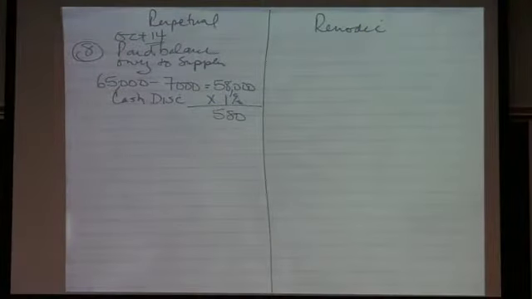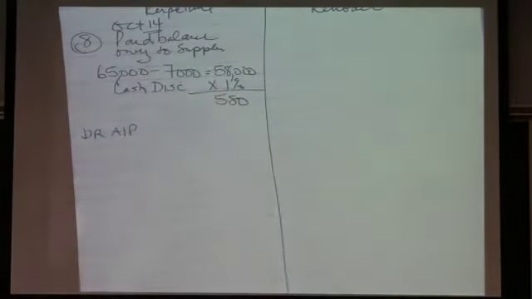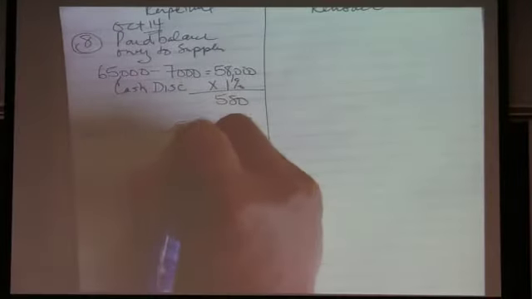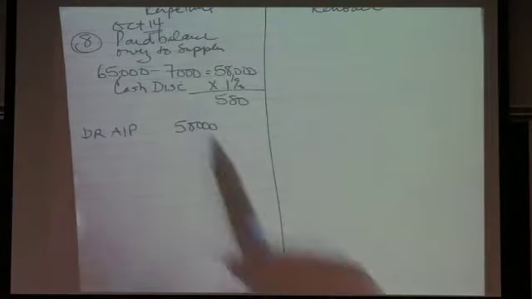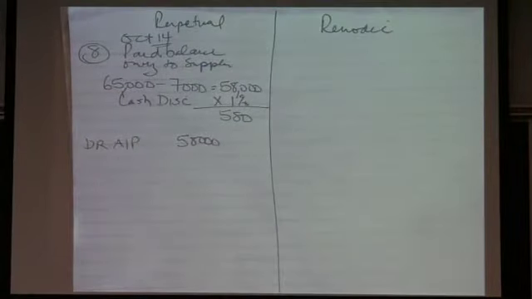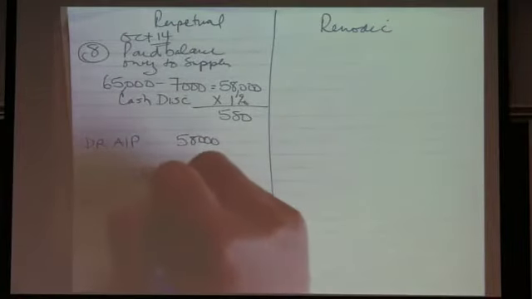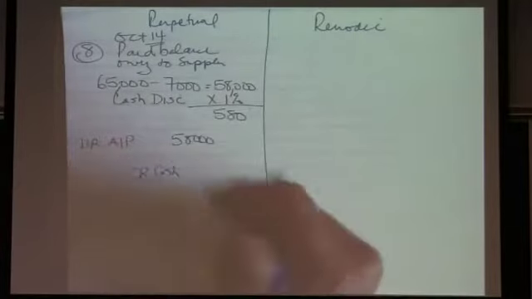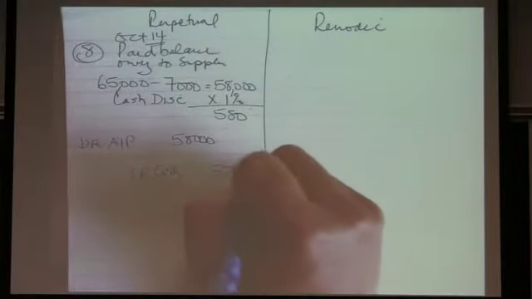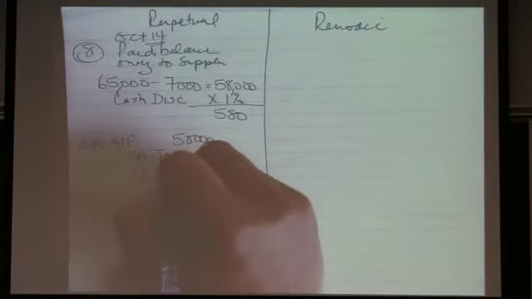So the entry is going to be debit accounts payable for the $58,000, because that's how much we have balance owing. Remember, we originally bought $65,000 and we returned $7,000 on the 5th of October. So here we're going to debit accounts payable. We're going to credit cash for the net amount because we didn't have to pay them the entire amount, because we got a discount. And we're going to credit inventory.